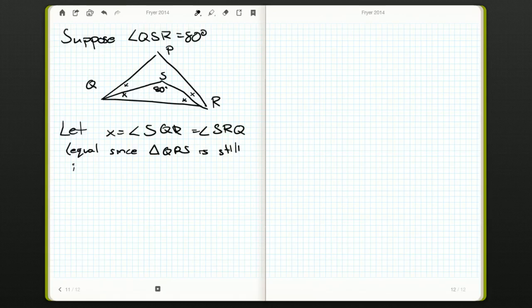It hasn't changed the fact that this is an isosceles triangle. So I'm guessing that maybe PQR would have to be 0 or something.